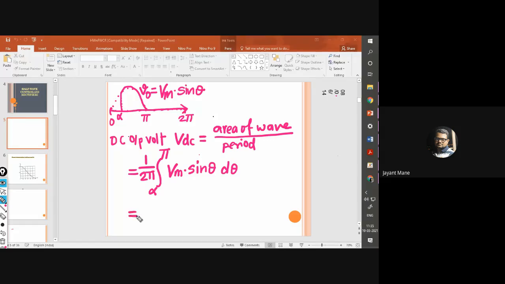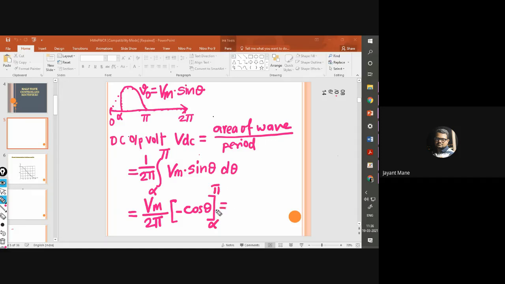Here Vm is the maximum value. It is a constant. So the constant will be coming out of the integration. So Vm by 2 pi, the term will be here, and then it will be just integration of sine theta. So it will be minus cos theta, then upper and lower limits.